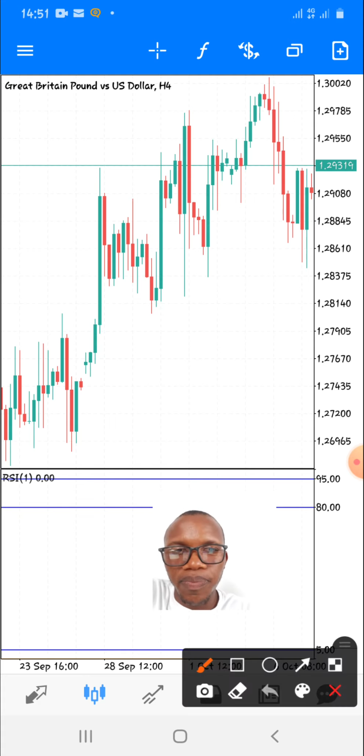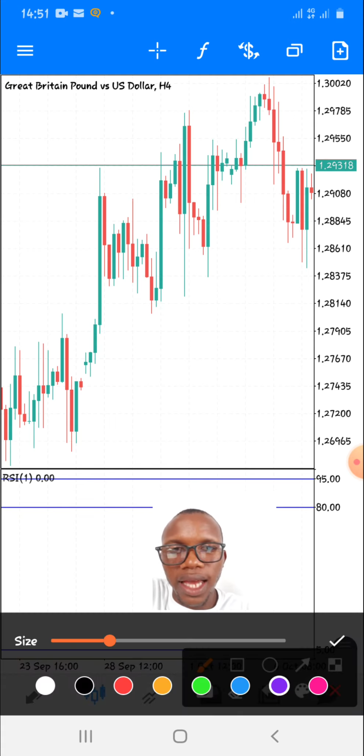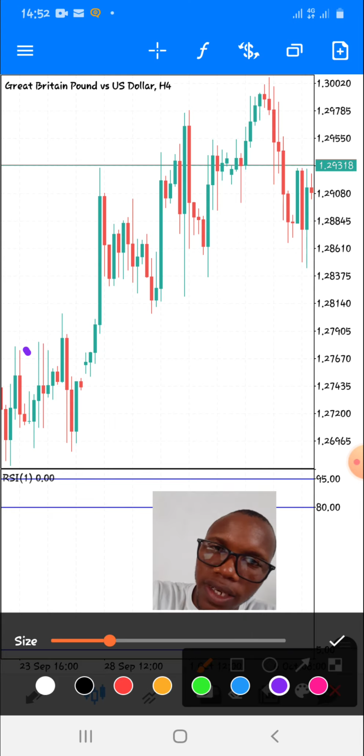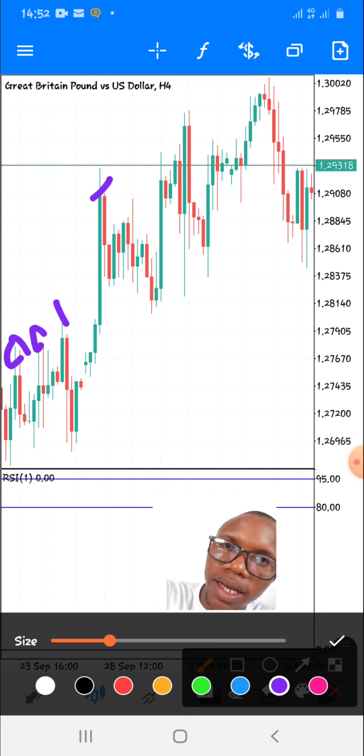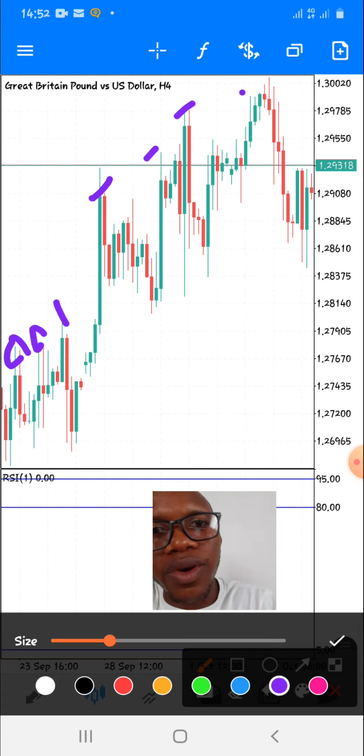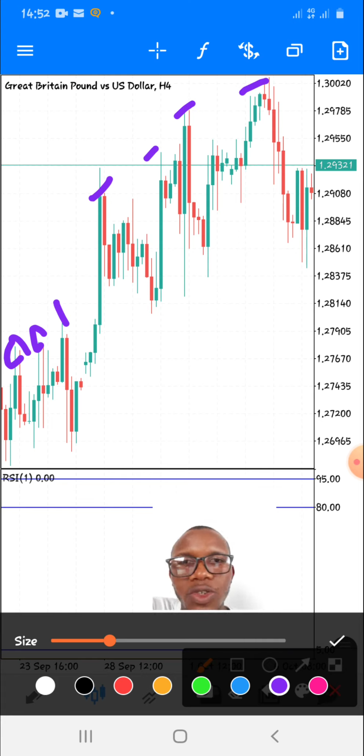I repeat, we are calling this the higher highs because here the market has moved higher than the previous price. That is why they normally call these the higher highs.